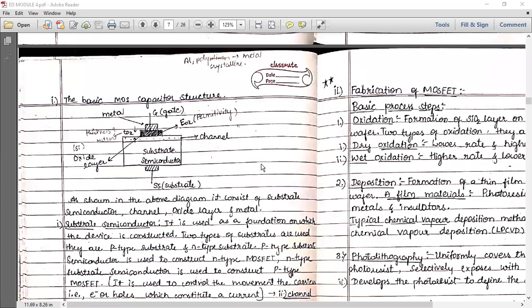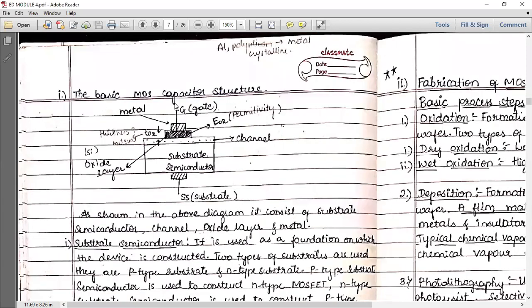In this diagram, we are going to discuss how the MOSFET, which is metal oxide semiconductor field effect transistor, works. First, we are going to discuss the basic MOS capacitor structure, and how this MOS structure works as a capacitor. That is what we are going to discuss. It's a very small topic. I will complete it soon.